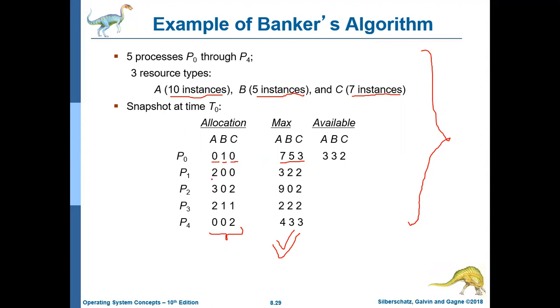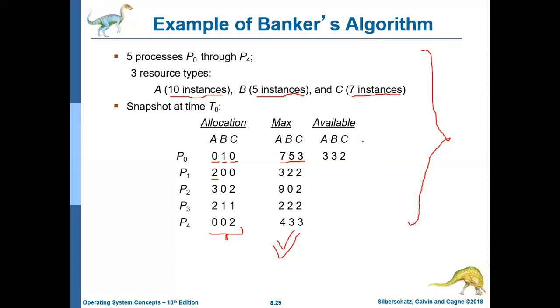Process P2 is having 2A, but it requires 3A, 2B and 2C. Similarly, all the processes are having some allocation and max values.